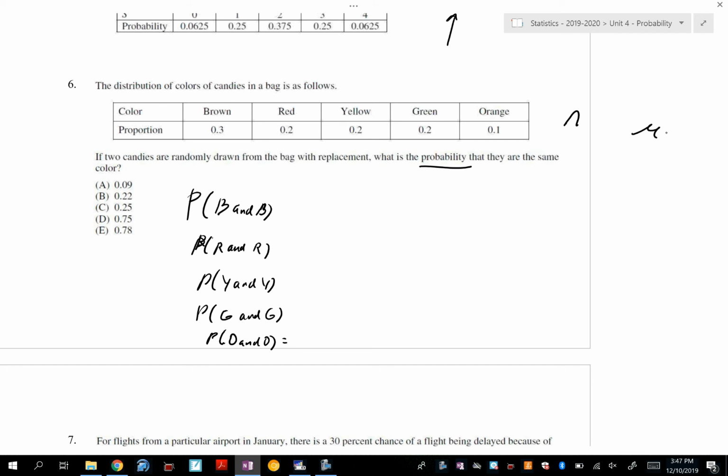All right. So if you multiply 0.3 times 0.3, you get 0.09. If you multiply 0.2 times 0.2, you get 0.04. You see where I'm going with this? And if you add those together, you get the answer.